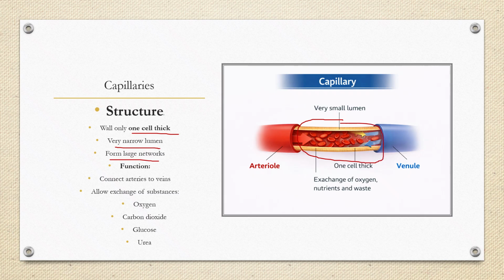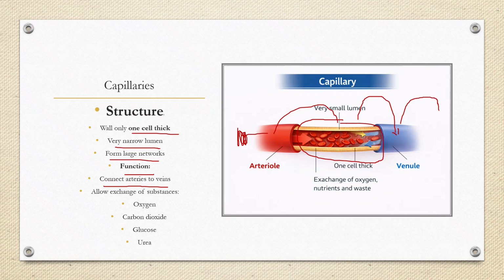Okay, what is the function of a capillary? It connects arteries to veins. Shown here, these are arteries. When arteries subdivide, they change into arterioles. When arterioles subdivide, they change into capillaries, and when capillaries further subdivide, they change into venules, and when venules further subdivide, they change into veins.